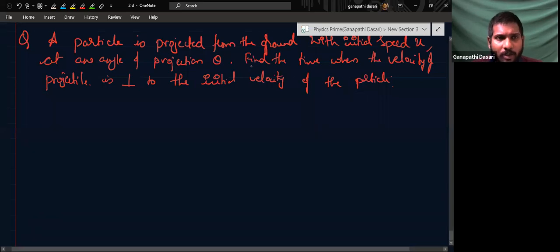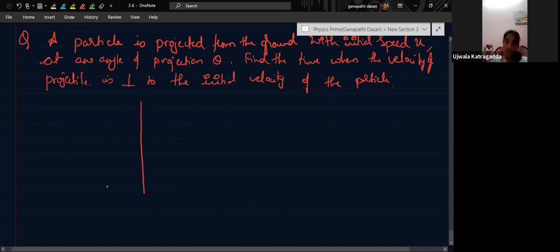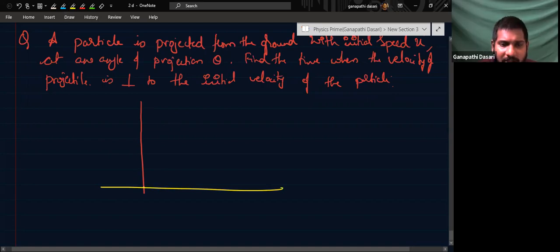The question is, a particle is projected from the ground with initial speed u at an angle of projection theta. Find the time when the velocity of the projectile is perpendicular to the initial velocity of the particle. That means the initial velocity is like this, at angle theta.